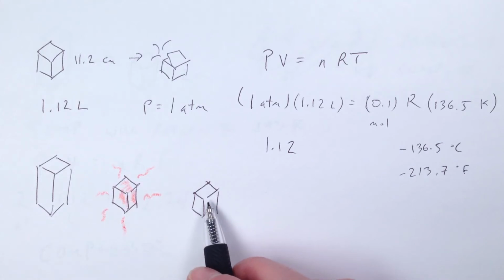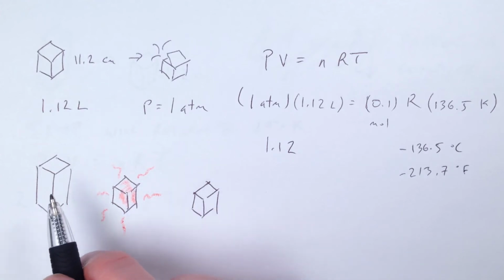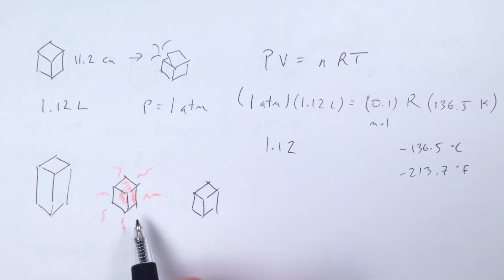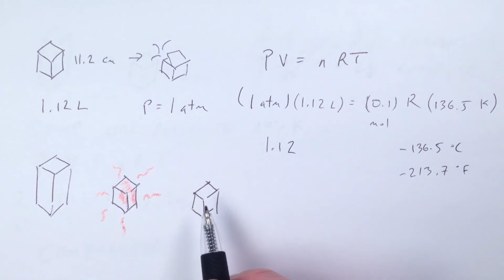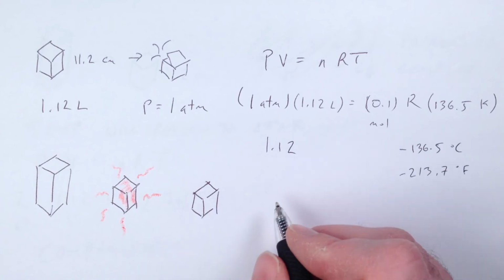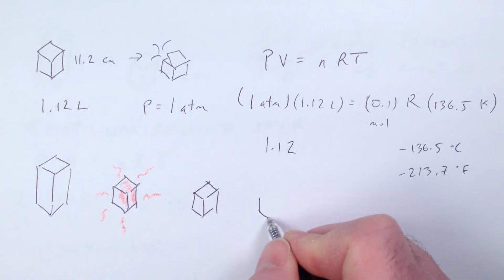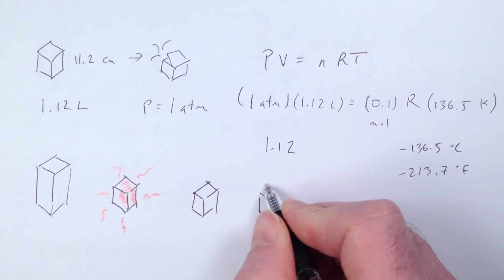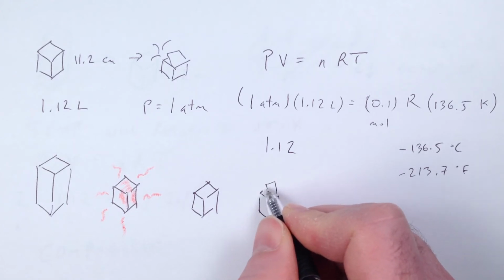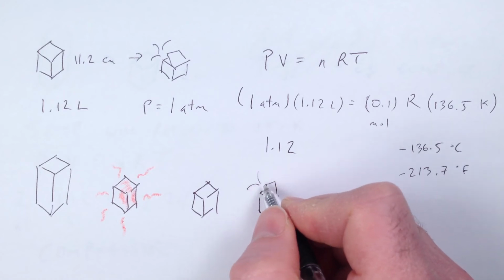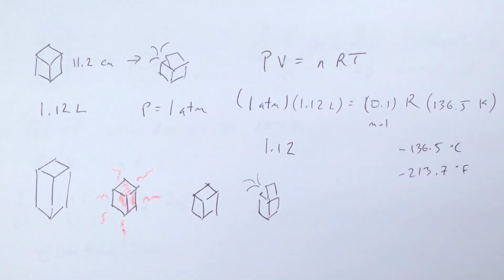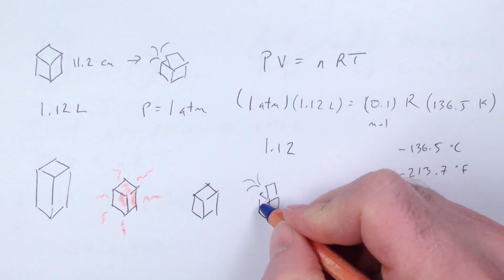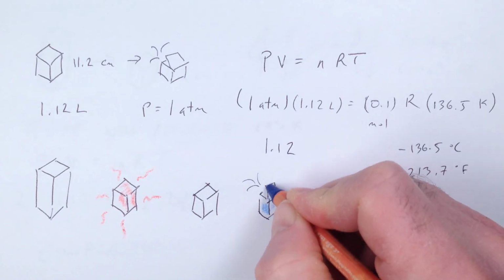Okay, so the amount of energy in this container is less than the amount of energy in this container because some of it left as heat. Once the pressure is released on this, then you end up with this being very, very cold.